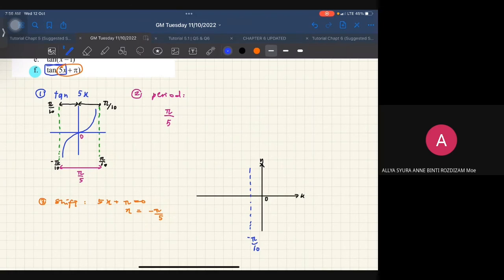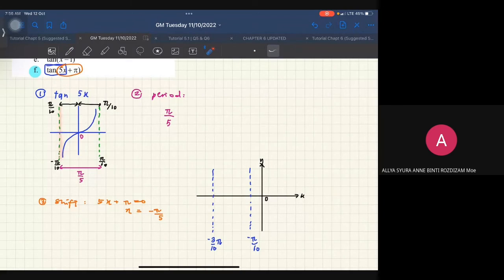Like that. Okay, and then the second vertical asymptote, this one, what is it? Negative pi over 10 minus pi over 5. It's negative 3 over 10, right?